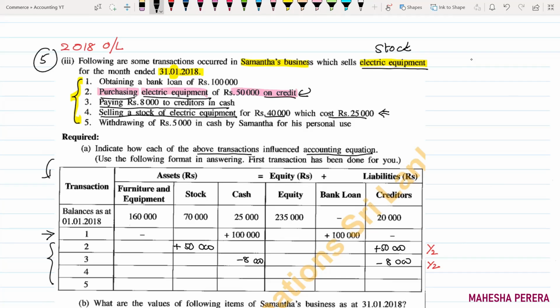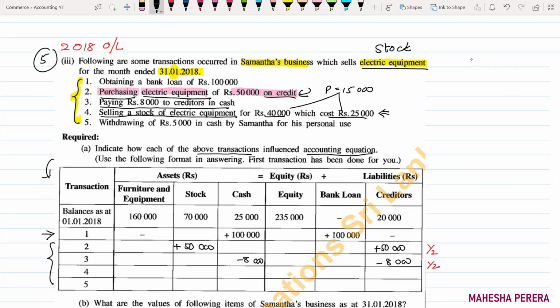There is also no name of a party, the customer. So in that case, we need to assume that this is a cash sale. So the value of cash increases by 40,000. And what's the value of profit? You need to find the difference: 40,000 minus 25,000 is 15,000. So our profit amount is 15,000.